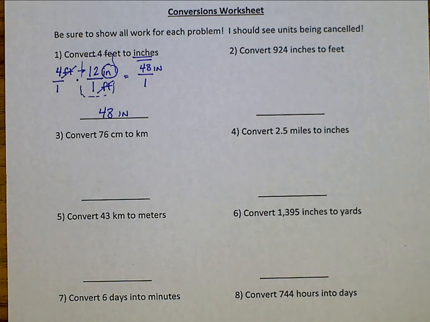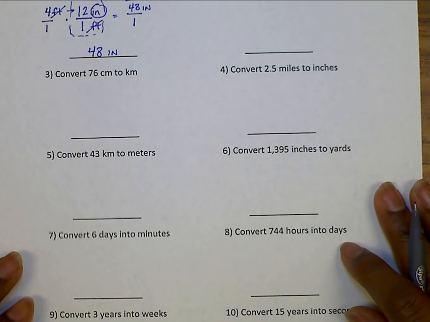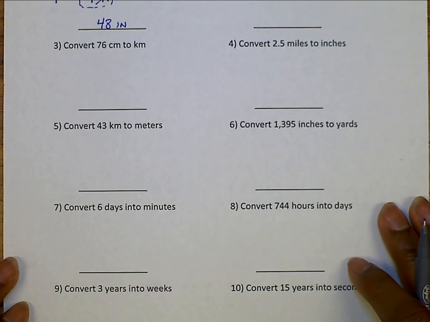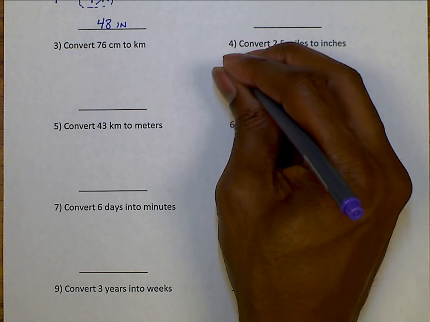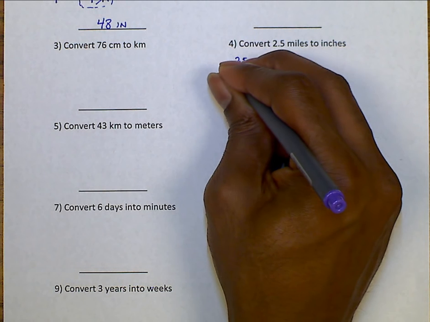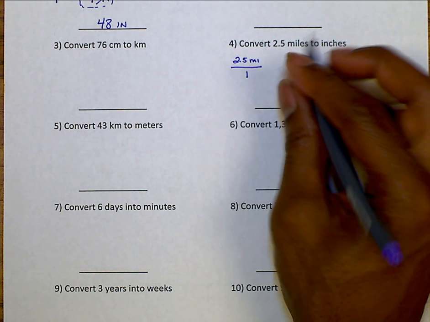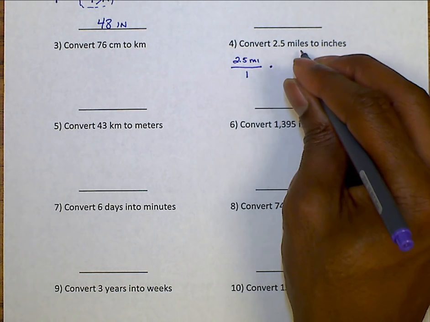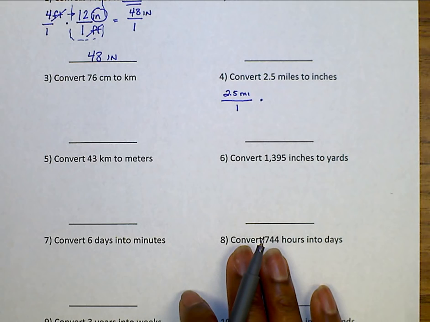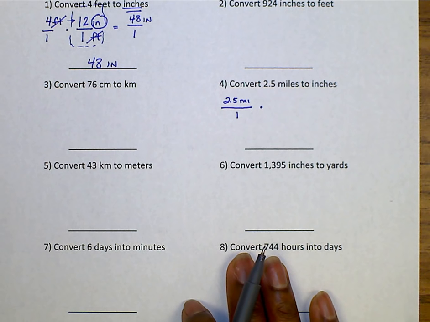Alright, let's jump down to number 4. Number 4 asks us to convert 2.5 miles into inches. So again, I'll start with 2.5 miles over 1. Again, it's just 1 unit. Now, before we could change feet straight to inches, because I know that there's 12 inches in a foot.